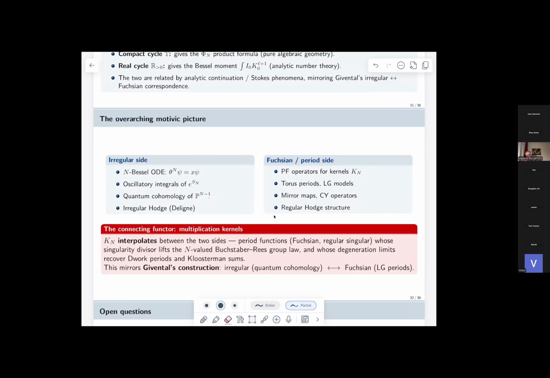And this algebraic structure is just a way to say nicely that your kernel satisfies some relations giving associativity.